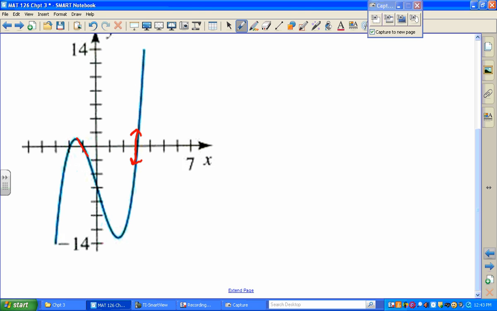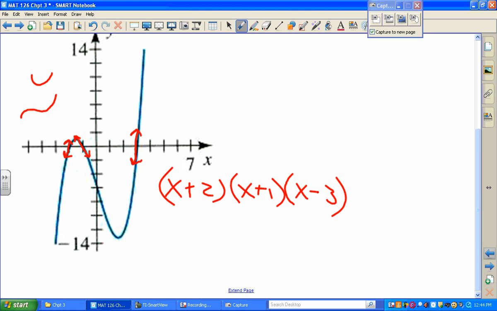Are these crossing through like little pieces of lines? Yes, they are. The only other option right now is this or this? Yep. X plus 2, x plus 1, x minus 3.